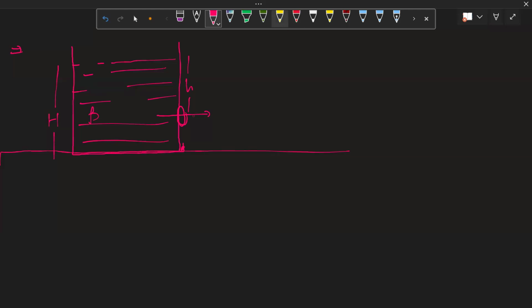The liquid coming out with velocity v, which you have found is under root 2gh, will fall at some place on the ground like this. This is called the range, we write it as R, where it is falling. So it is like a horizontal projectile.